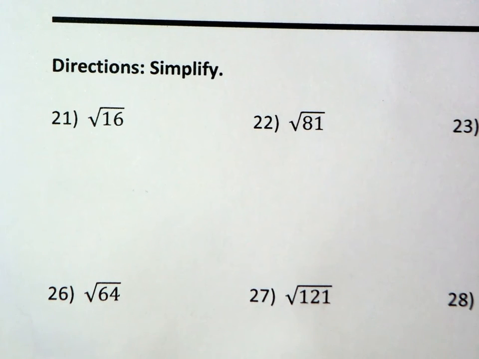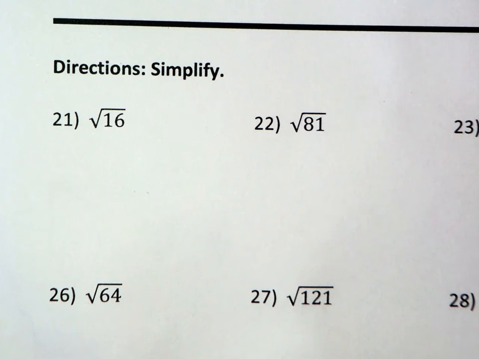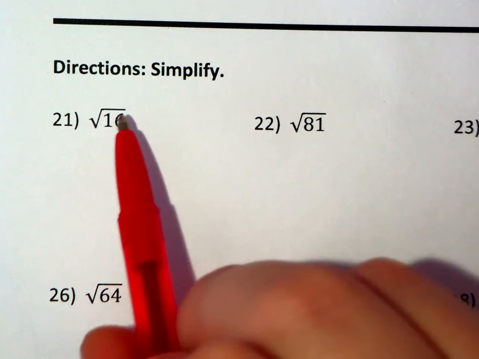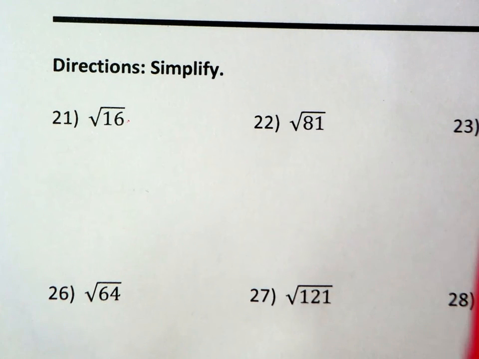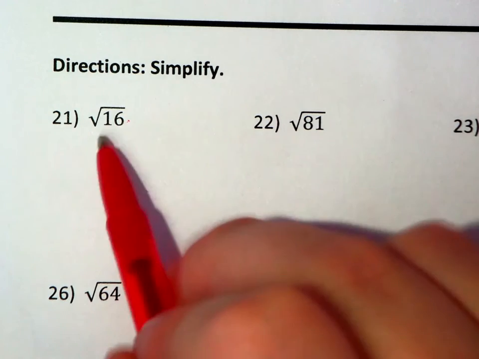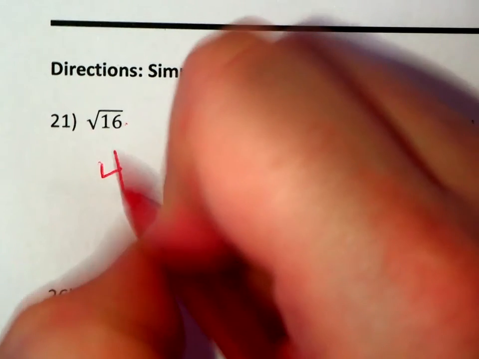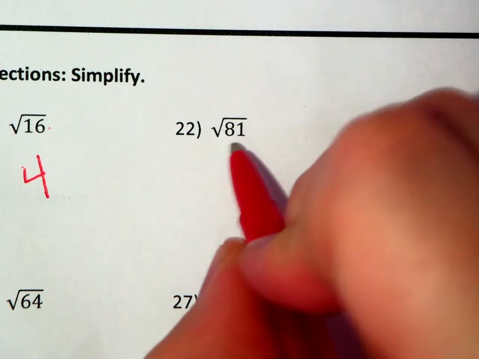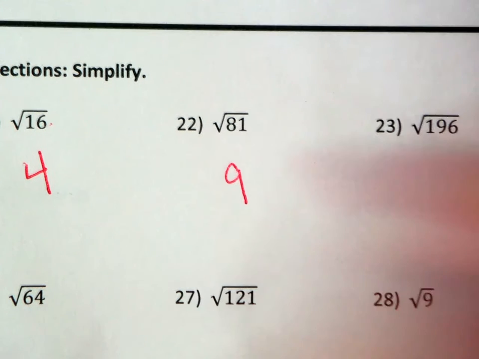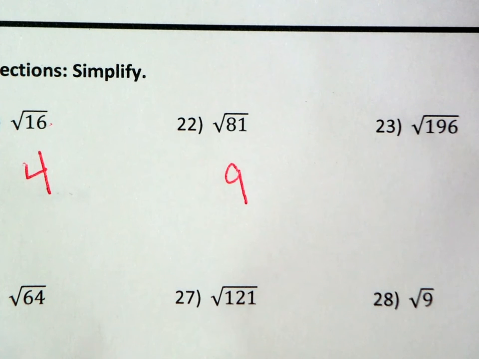Simplify. Now is where we get to using our square root radical symbol. The square root radical symbol simply tells me to take the square root of whatever number is inside it. So the square root of 16 is 4, because 4 times 4 is 16. The square root of 81 is 9, because 9 times 9 is 81.